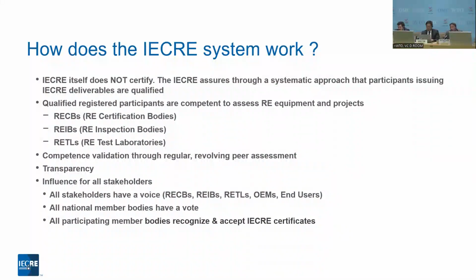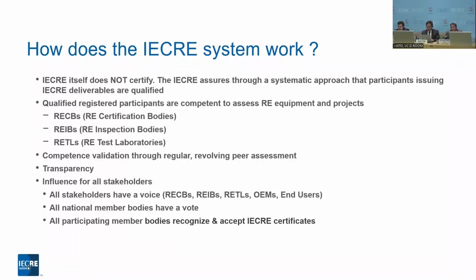The IECRE Secretariat will say, we don't certify the products. It is the issuing bodies that we have qualified, and these are RECBs, Renewable Energy Certification Bodies, REIBs, which are Renewable Energy Inspection Bodies who do the plant inspections, and RETLs, which are test labs.